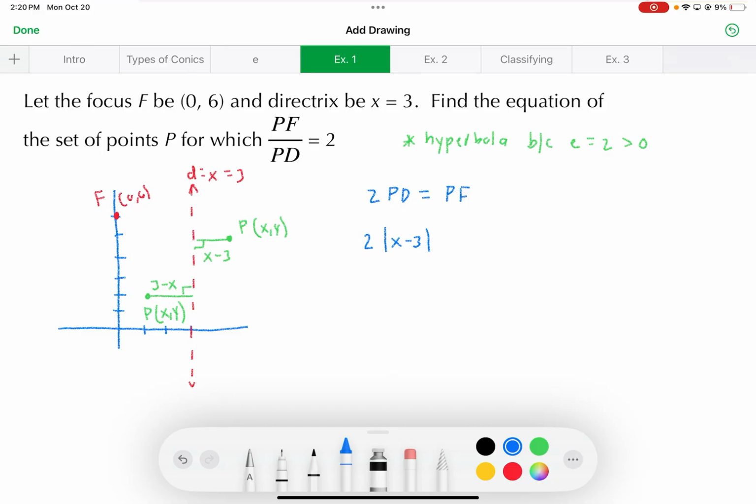Now the distance from point P to point F is just utilizing the distance formula. It would be the square root of x squared plus (y minus 6) squared.